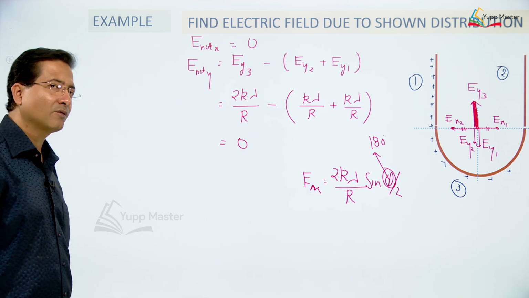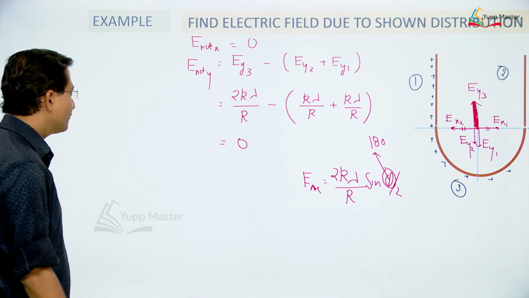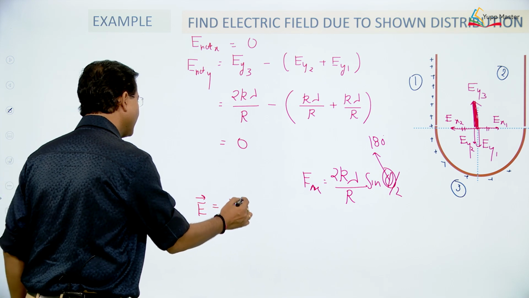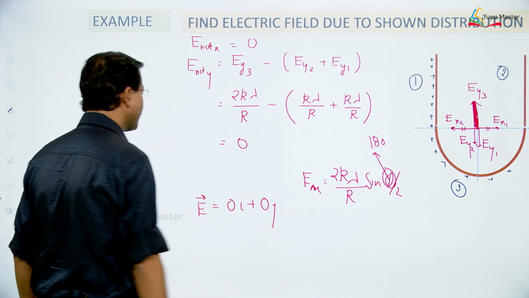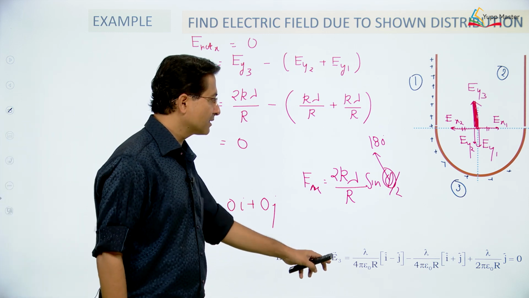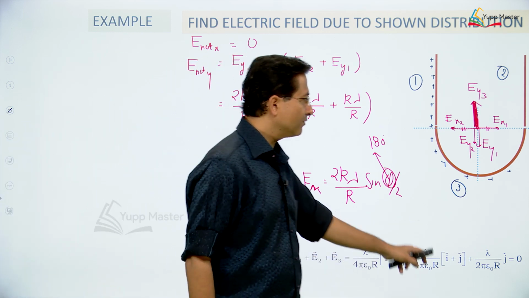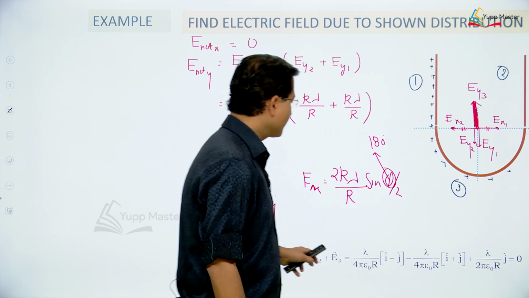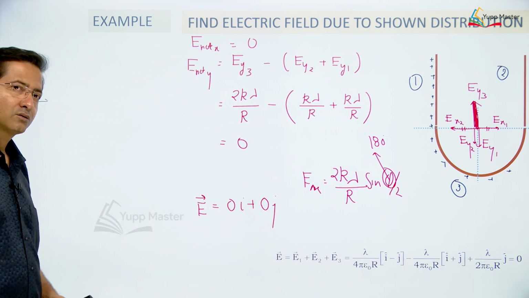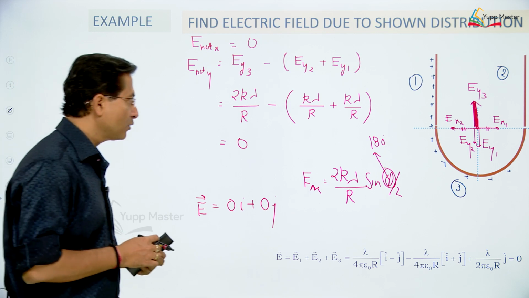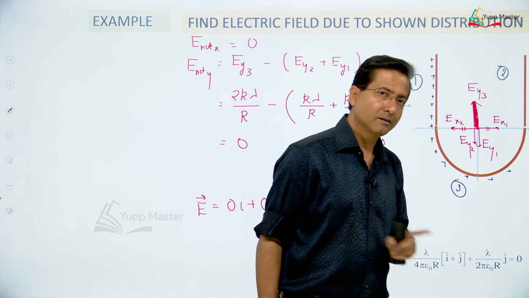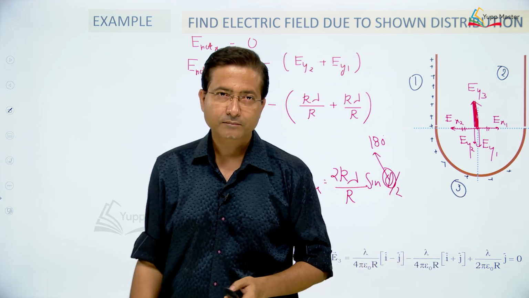That means x is 0, y is 0. So the net field is 0i plus 0j, right. So you can see when I add first, second, third and write everything vectorially, they will cancel each other and I will get 0i, 0j. So I hope the application of straight wire and arc both are clear, right.